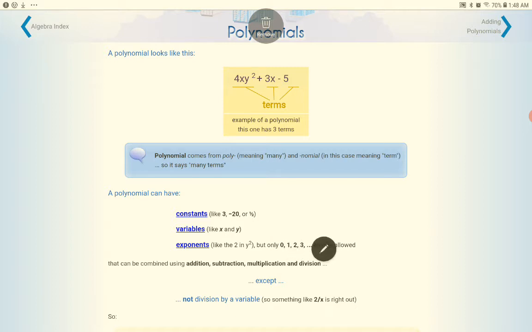I can also divide polynomials. If I have 2 polynomials and I want to divide one by the other, I can do that and I'll get an answer, except that will not be a polynomial. So once I divide by a variable, that breaks this rule of the exponents being whole numbers.